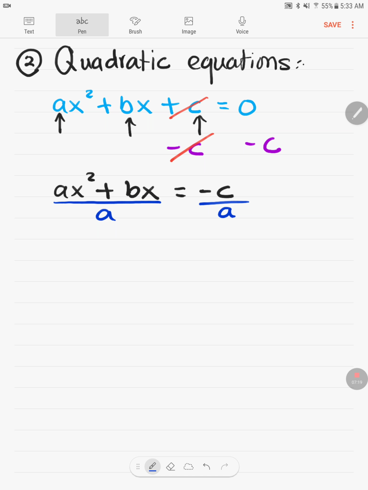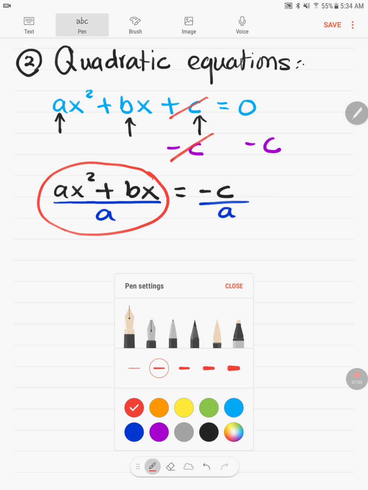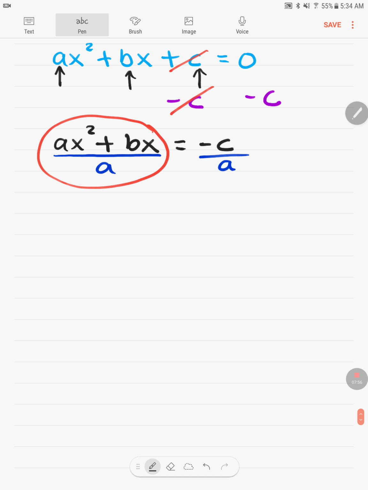Now on the left hand side, when we have two factors added or subtracted, as in this case, divided by a denominator, we seen in the previous lesson of fractions that a is also called the common denominator, meaning if we write this whole fraction as two separate fractions, then a will be the common denominator for them, meaning a will be the denominator for both.